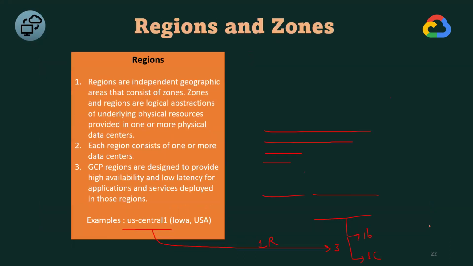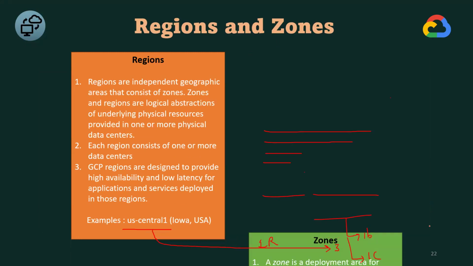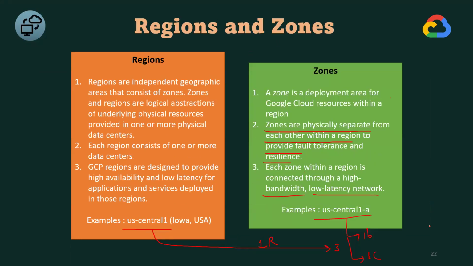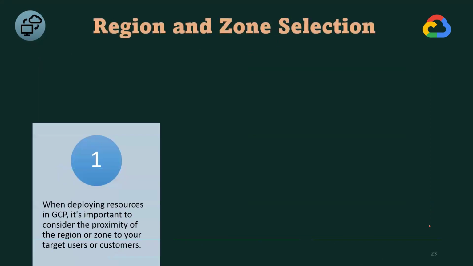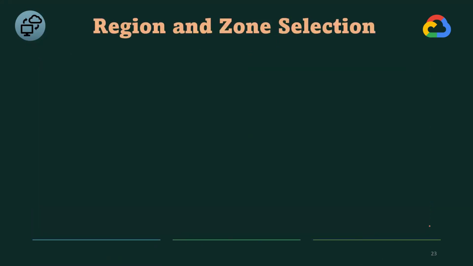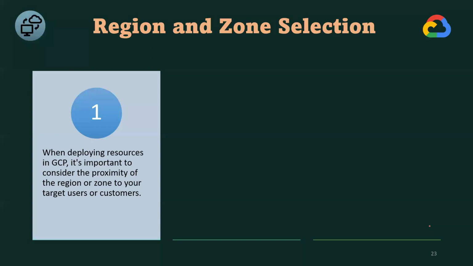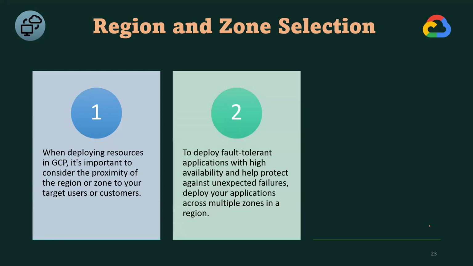A region is an independent geographic area in a location. A zone is an independent area in a region, which is connected to one more zone via a high bandwidth network, and it is a deployment area. For the selection criteria, the first point says that whenever deploying resources in GCP, it is important for us to consider the proximity of the region or zone to your target users or customers, to deploy fault tolerant applications and protect the application with high availability and less latency.